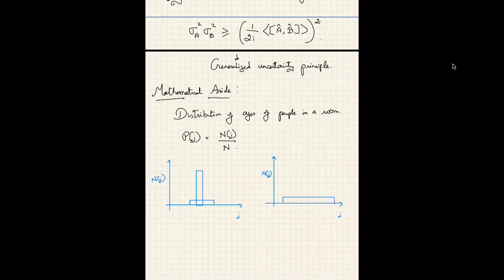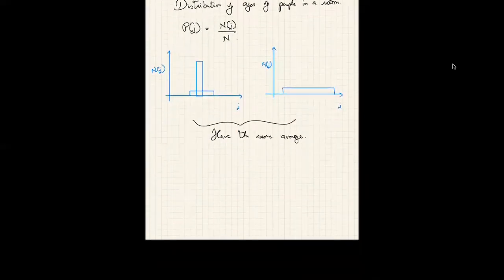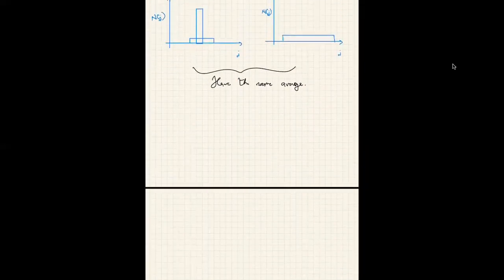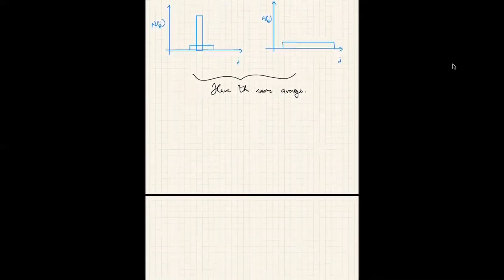But it is very possible that these 2 distributions have the same average, they have the same median, they have the same most probable value, and all those things. Everything else is the same except for the spread in ages. Okay. It is certainly possible to come up with a set of numbers that has the same average but has a wider spread. All right. So how do you quantify this spread?